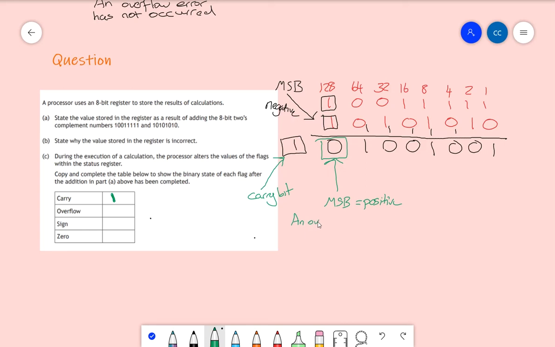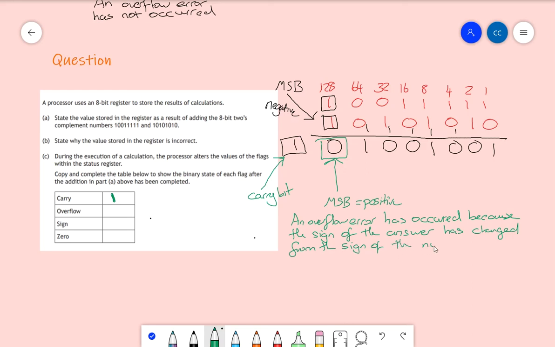So an overflow error has occurred because the sign of the answer has changed from the sign of the numbers being added, from negative to positive.